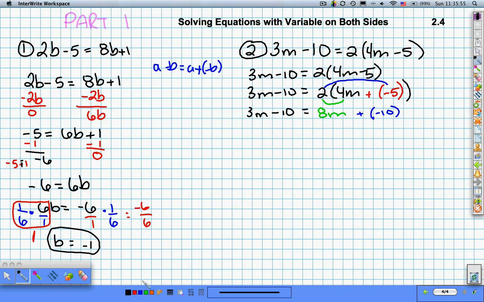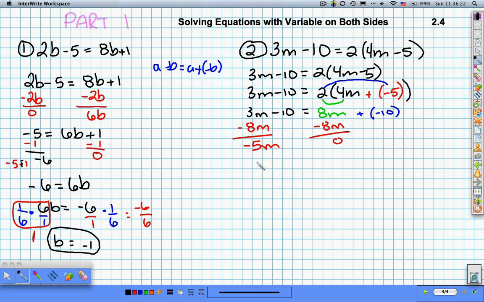So I'm actually going to subtract and move 8m to the left, even though I know I'm going to get a negative coefficient. So this is positive 8m, so that means my inverse would be minus 8m, so this is 0, minus 8m here. So 3m's take away or subtract 8m's actually leaves me with -5m's.